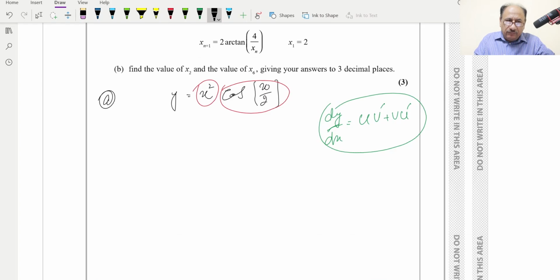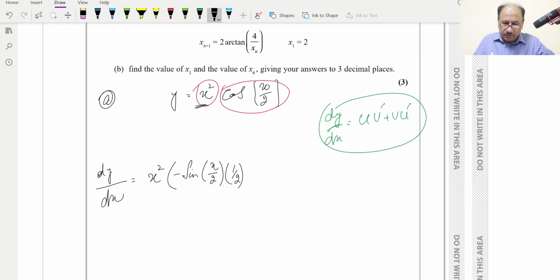So the derivative we can write as dy over dx: the first one as it is, so x squared as it is, and the derivative of the second, cos x by 2. The derivative of cos x is minus sine x, so we write minus sine of x by 2 into the derivative of x by 2, which is 1 by 2, and the bracket is closed.